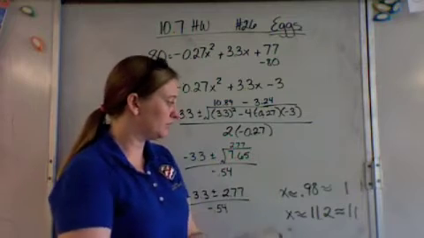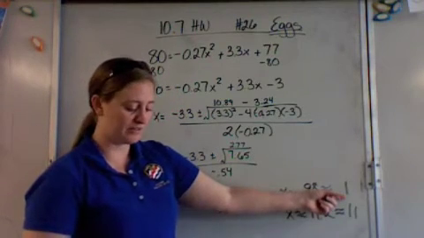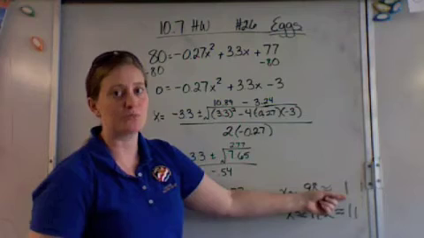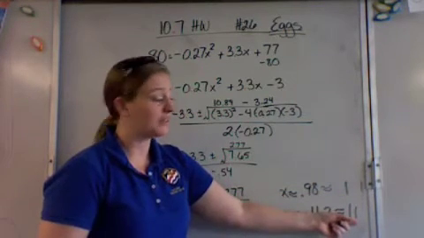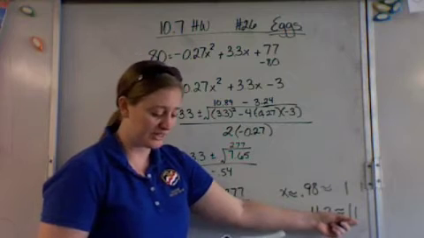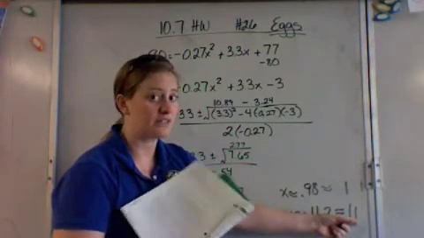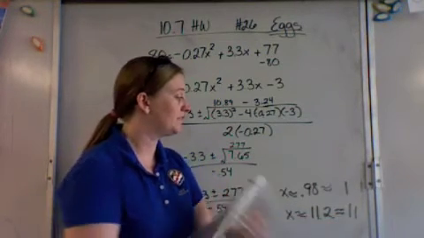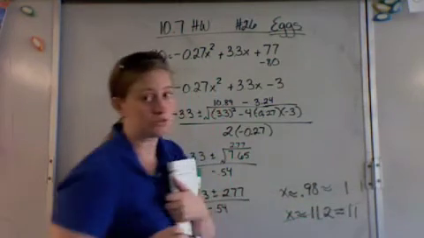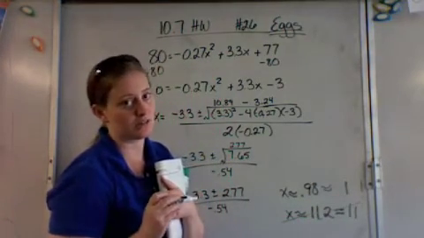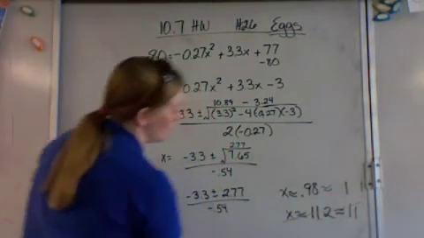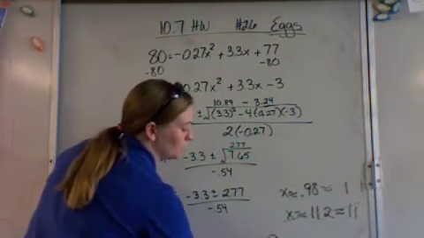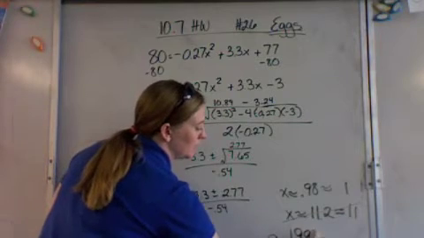If I used x equals 1, it would give me an answer of 1998, which is within the date range. If I use the answer of 11, it'll give me 2008, which is not in the date range they gave us. So this is not one of our answers because it doesn't have to do with the question they're asking us. So we're going to use 1 as our answer for how many years. As far as the answer to the whole question is concerned, we'll use 1998.